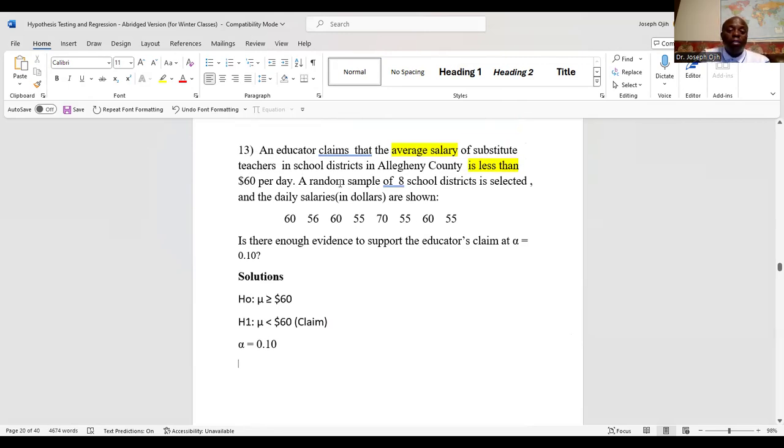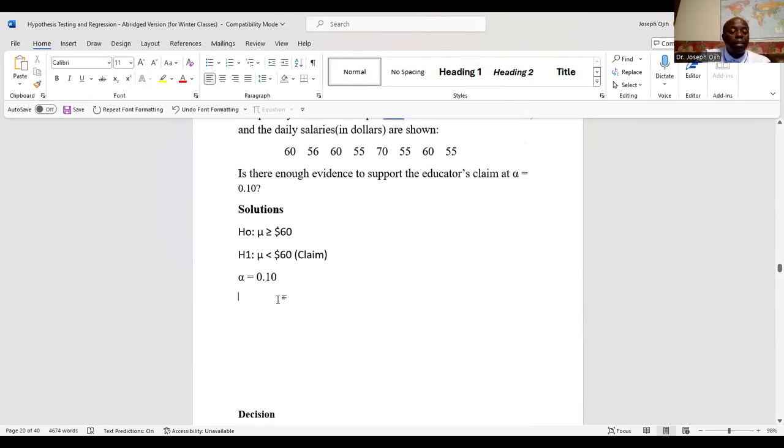How many school districts were selected? A random sample of 8 school districts is selected, so n is 8. The degrees of freedom, DF, equals n minus 1. Eight minus 1 is 7.